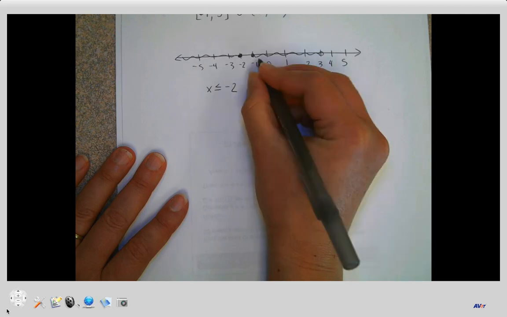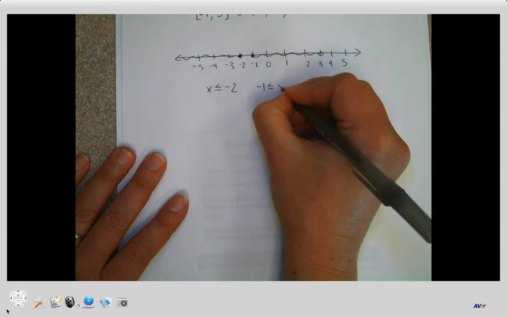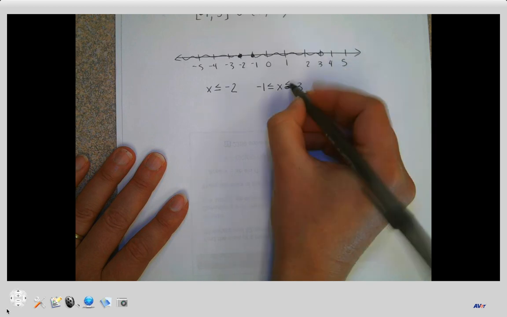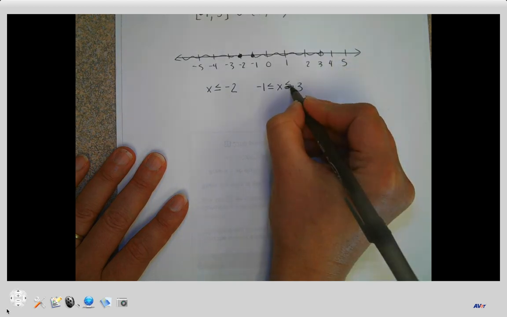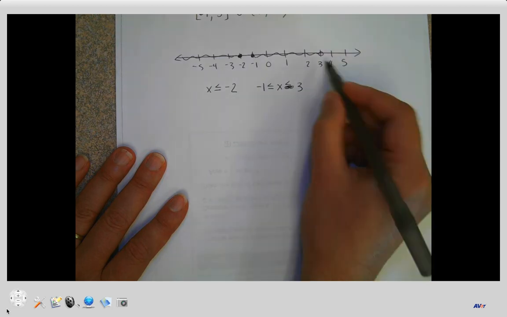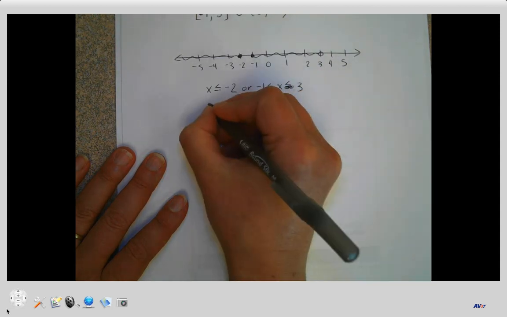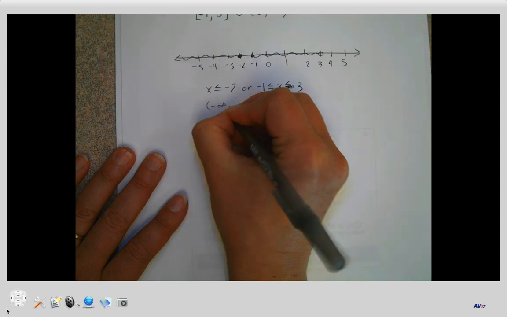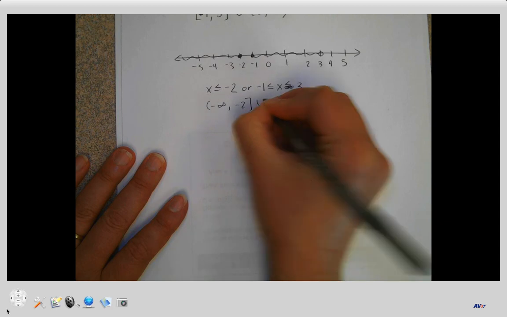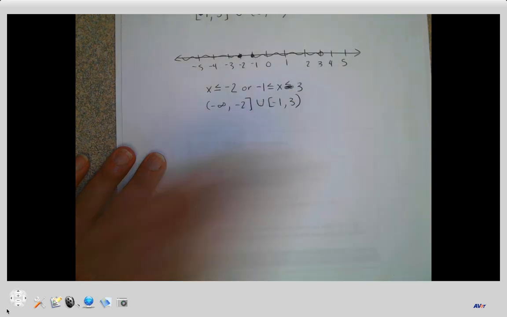I'm going to say greater than or equal to because it's a filled circle. Put an x and then, less than 3. And I'm just going to use a less than sign, because it's an open circle. And I'll use the word or. If I want to do interval notation, we're going to go from -infinity to -2 with this closed bracket, union, -1, comma, 3, parenthesis.